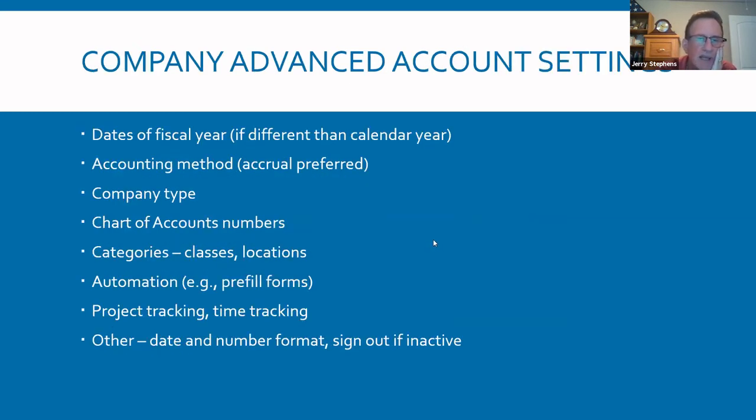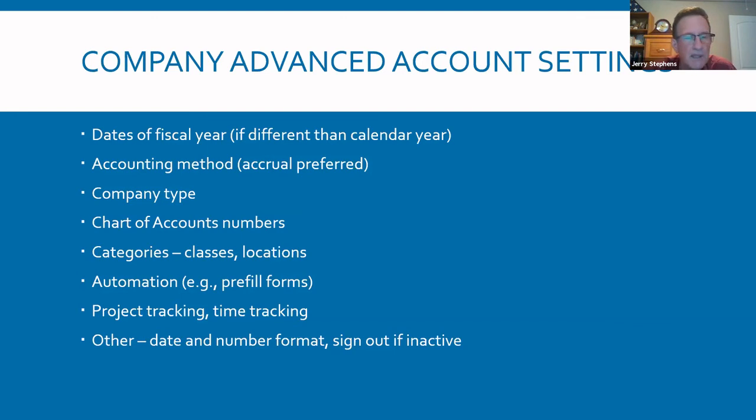Some of the company advanced account settings: if your fiscal year is different than the calendar year, it'll allow you to establish that. It will allow you to pick your accounting method as well, although I typically encourage my clients to strongly go with the accrual method. But, obviously, if you want to go with the cash method, you can do that as well.